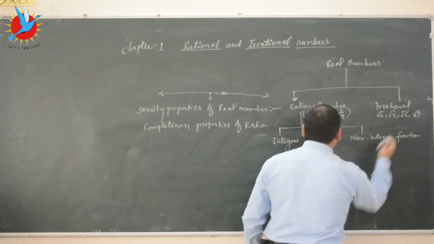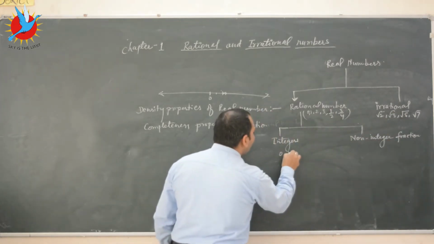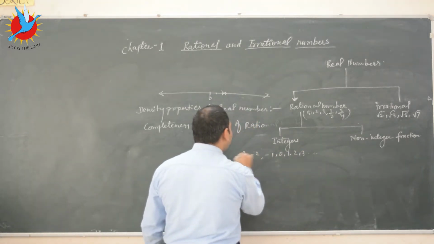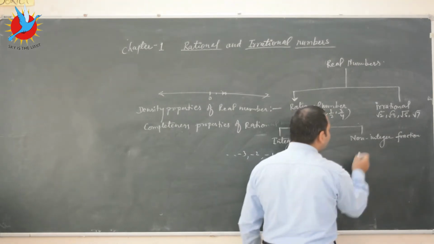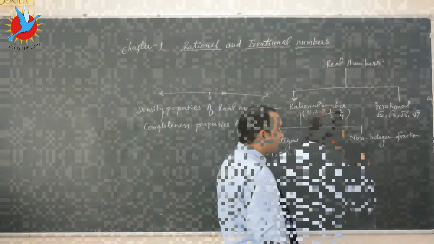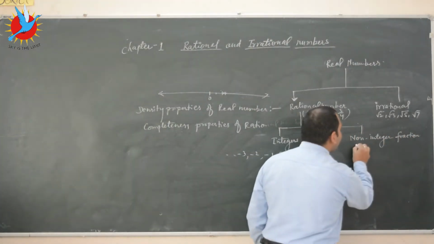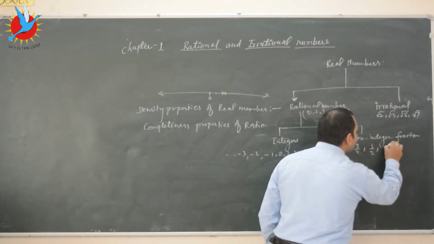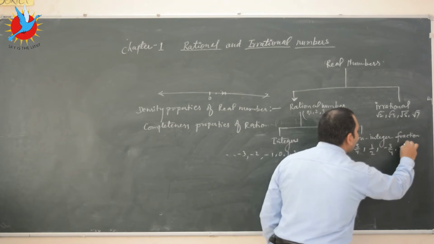Integers are 0, 1, 2, 3 and -1, -2, -3. These are the set of integers. Non-integer fractions are like 3 by 4, 1 by 2, -3 by 4, -2 by 3.